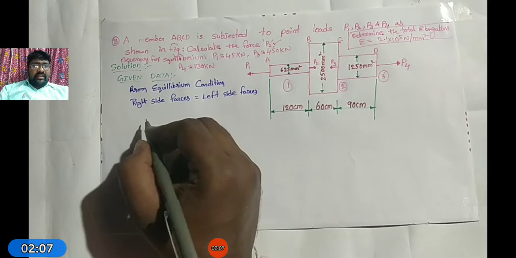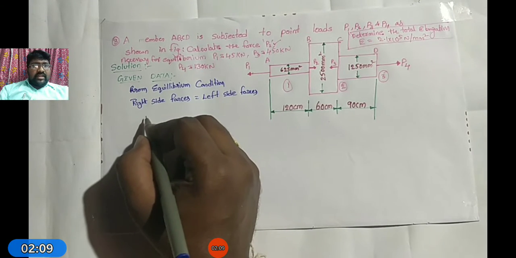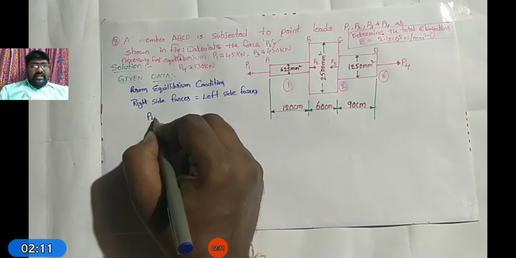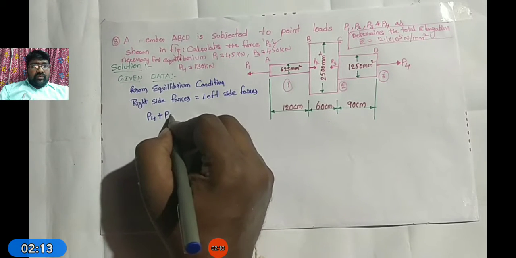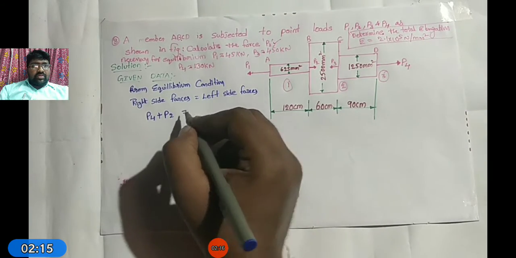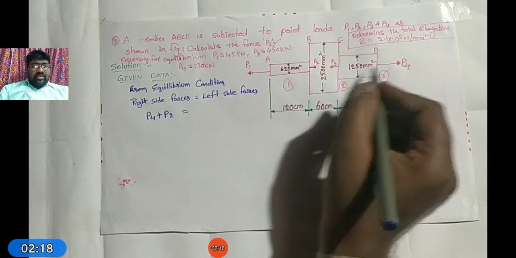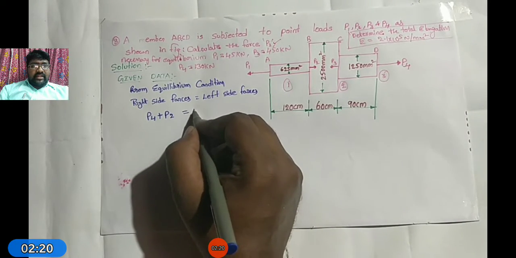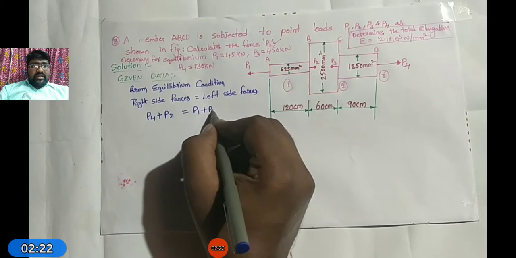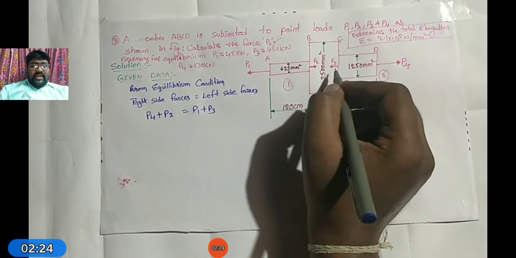Right side acting, that is 2 forces, and left side acting 2 forces. Right side acting, that is P4 plus P2. As observed in the diagram, these two are acting in the right side direction and P1, P3 are acting in the left side direction.